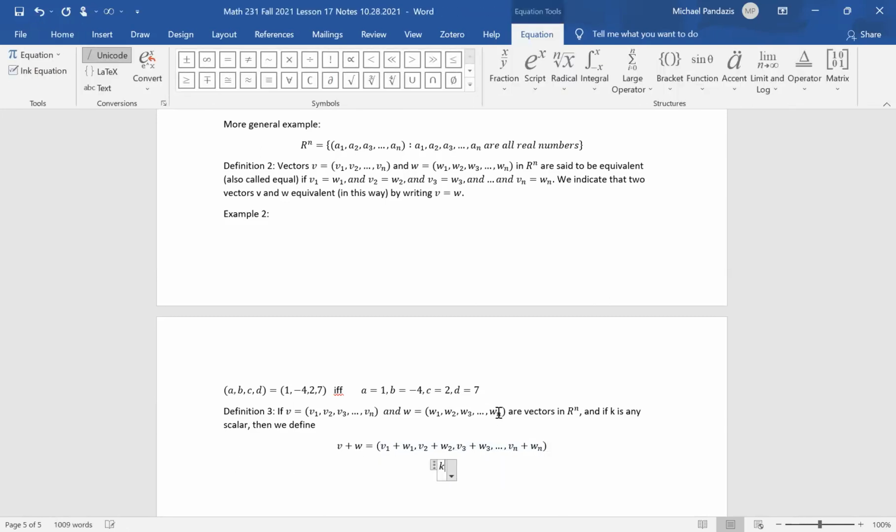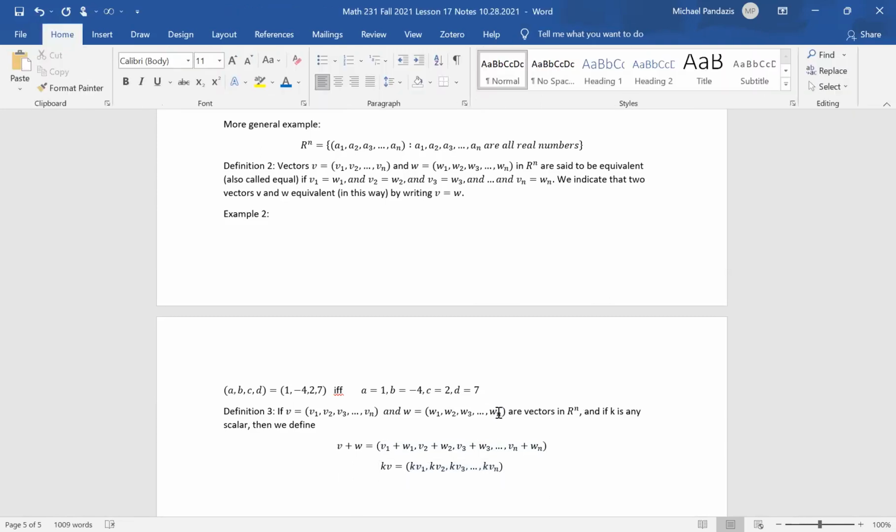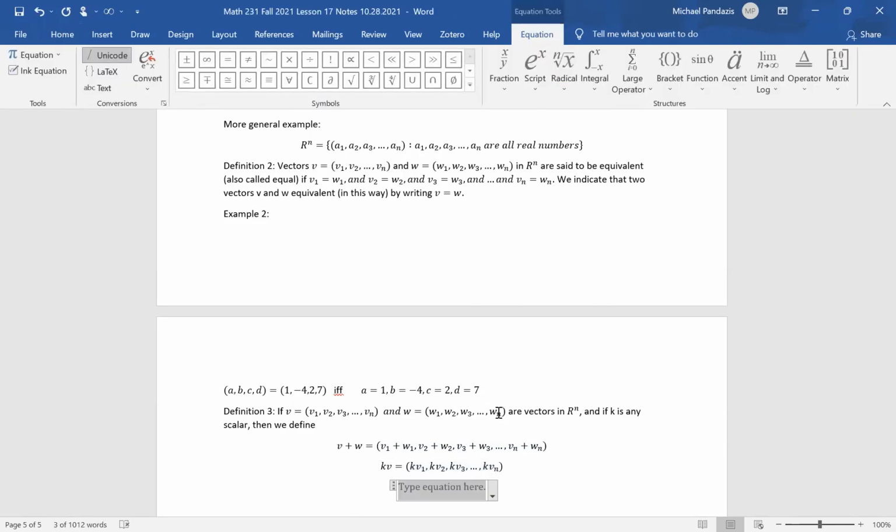That's v plus w. kv is a constant multiple, k times vector v. So the first component is kv1, the second component is kv2, the third component is kv3, and so on, and the nth component is kvn. So that defines kv. Negative v is the negative of the vector v, right?